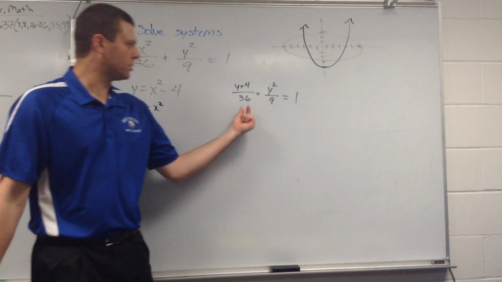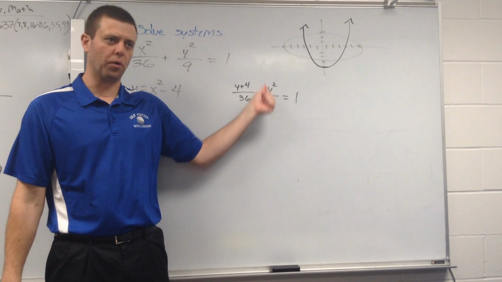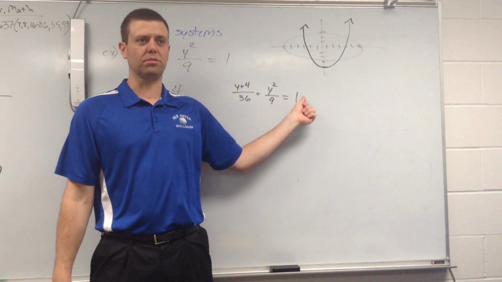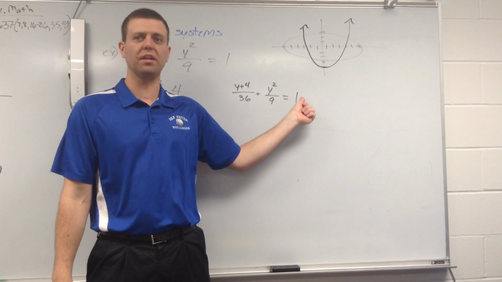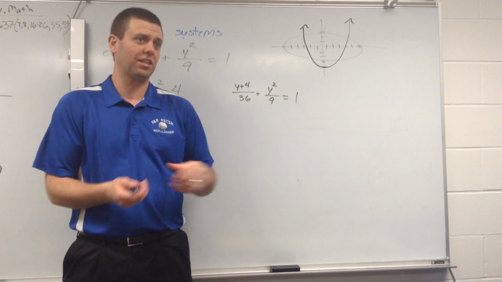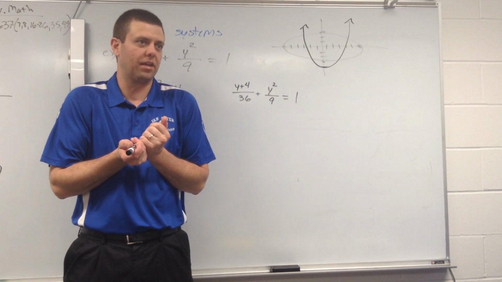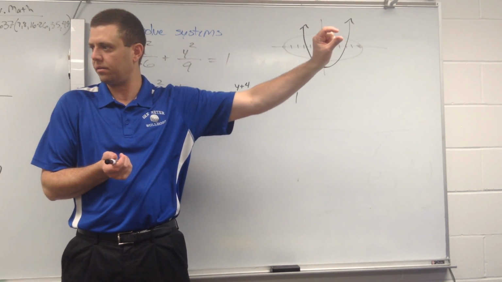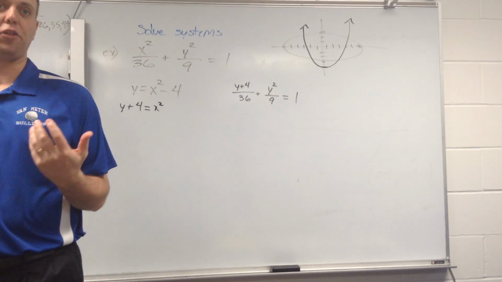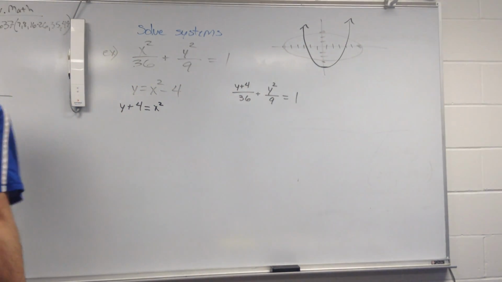Because what Bailey was thinking was to take this times 4 over 4 to give it a denominator of 36, and then take this times 36 over 36 to give it a denominator of 36. And then since they all have a denominator of 36, you can really just ignore the denominators and write out the numerator part. Okay? Or just multiply everything by 36 to begin with.